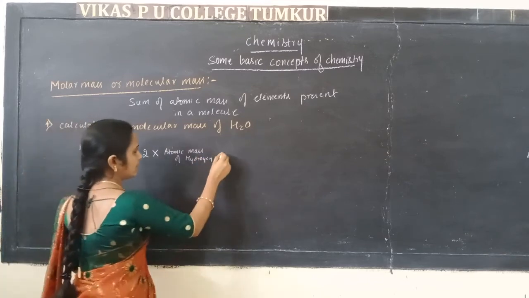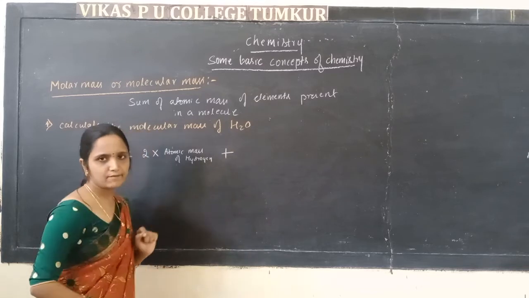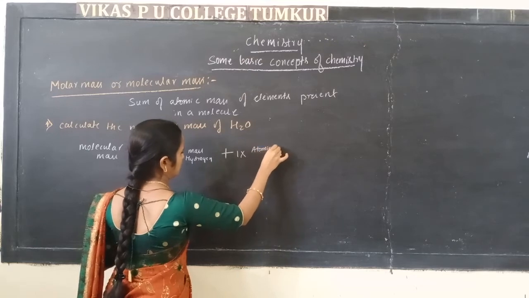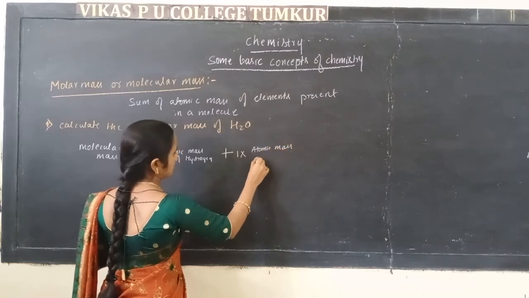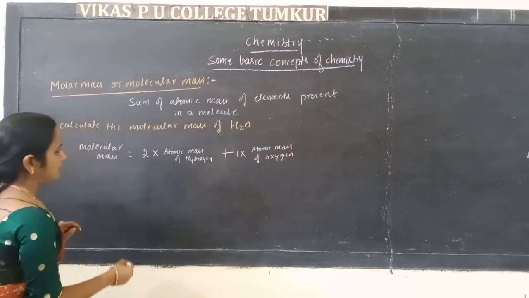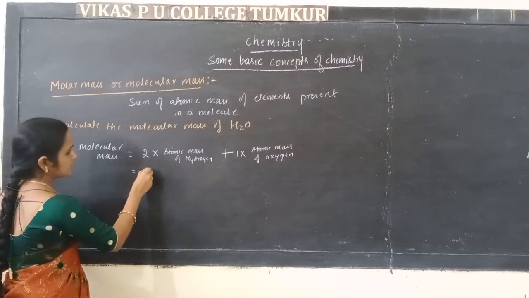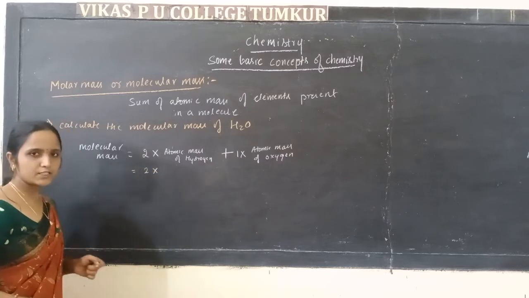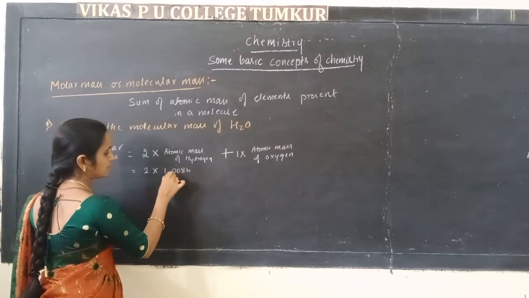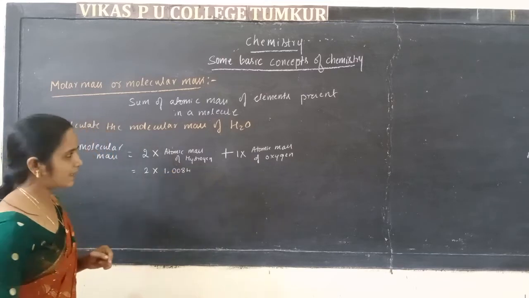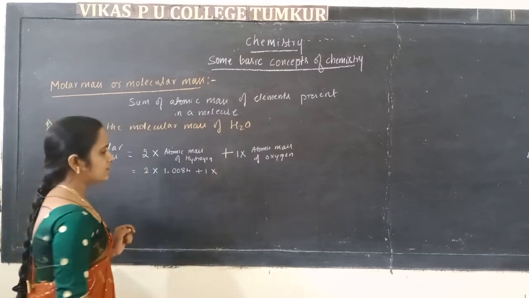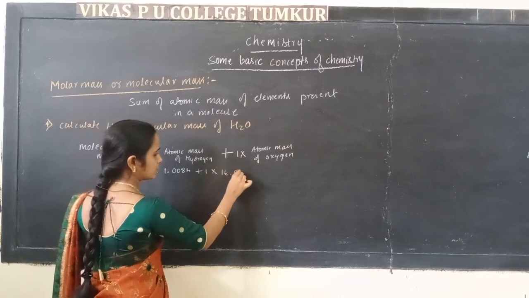Plus, how many atoms of oxygen are there? Only 1 atom. Therefore, 1 into the atomic mass of oxygen. Now you should multiply. 2 into the atomic mass of hydrogen, which we know is 1.0084, plus 1 into the atomic mass of oxygen, that is 16.004.